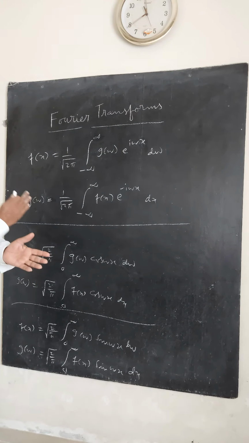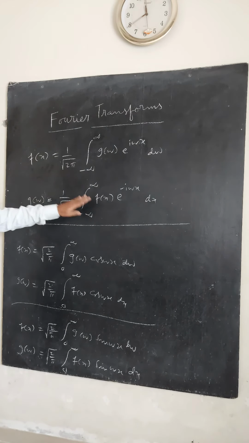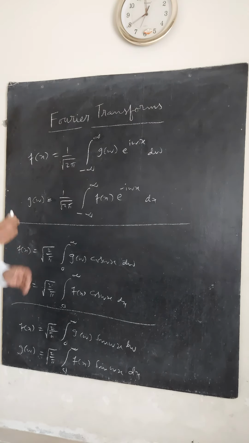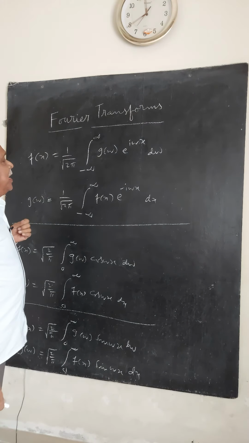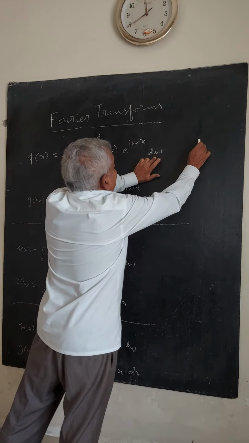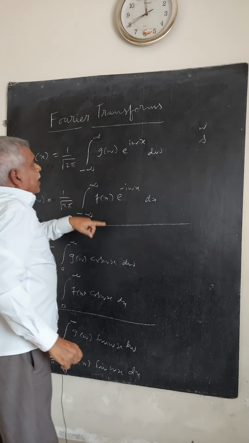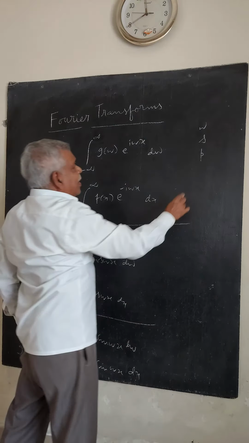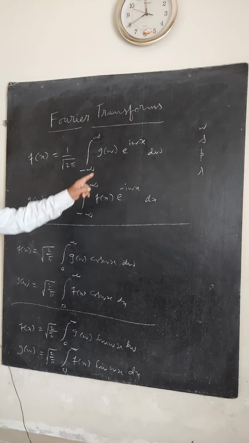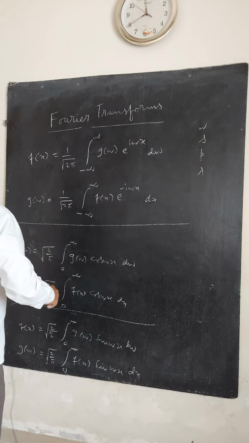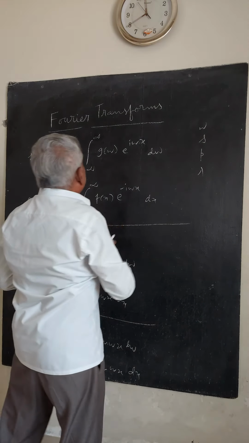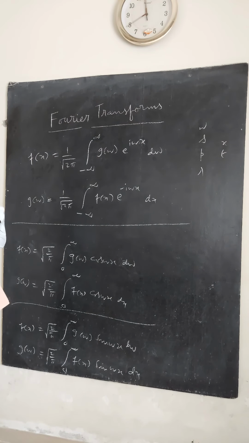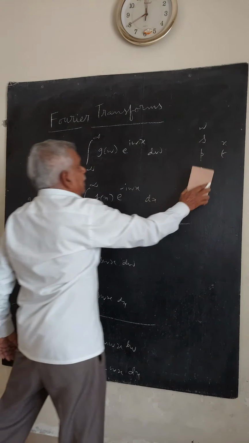Similarly, here f of x comes here, g omega is there. Some authors may write p or lambda instead of omega. Some authors will write t instead of x.